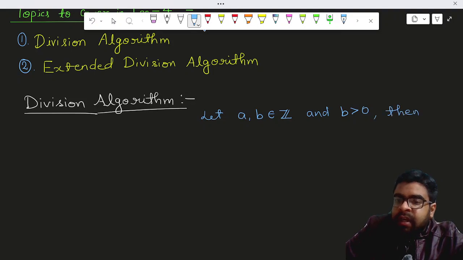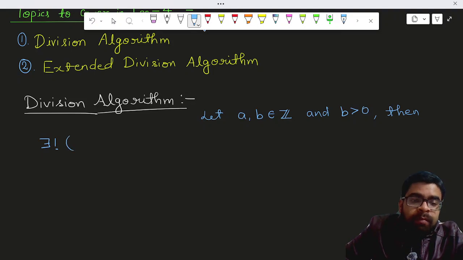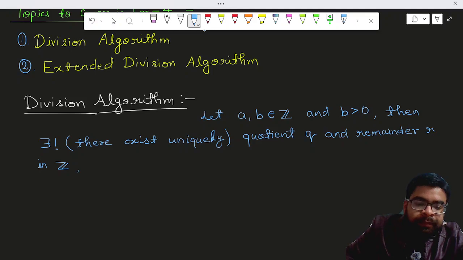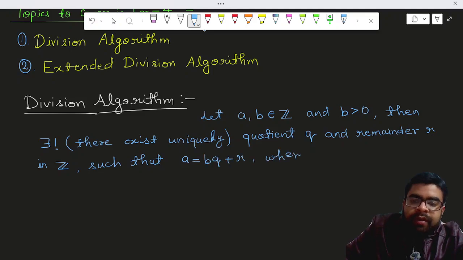Then there exist uniquely, इस सिंबल का मतलब होता है there exist, uniquely quotient, जिसको हम स्मॉल q से डिनोट करते हैं, and remainder, जिसे हम स्मॉल r से डिनोट करते हैं, in Z such that a is equal to bq plus r, where r is equal to 0 or r is greater than 0 and less than b.